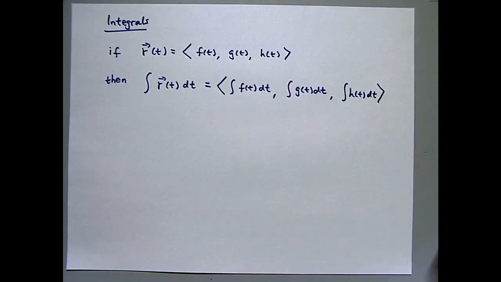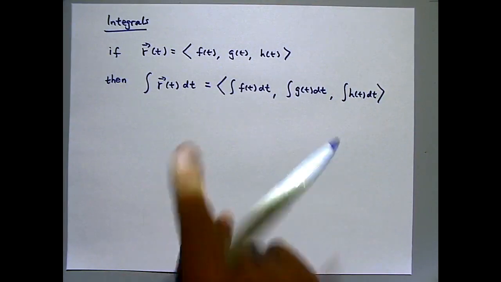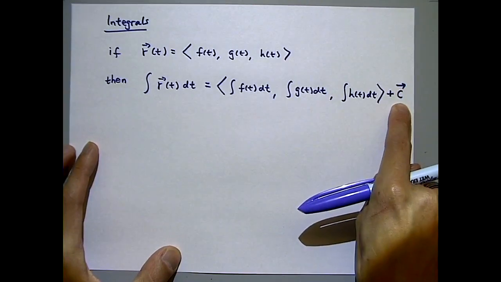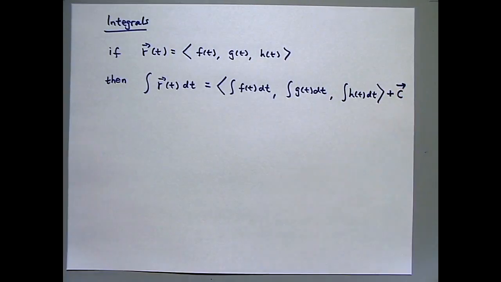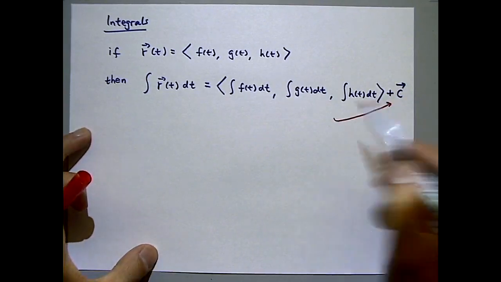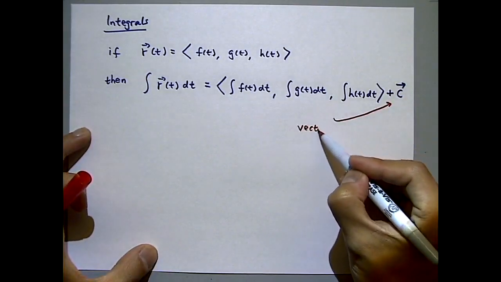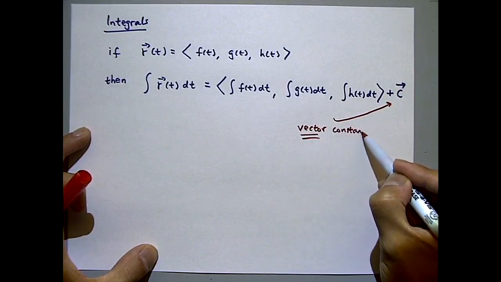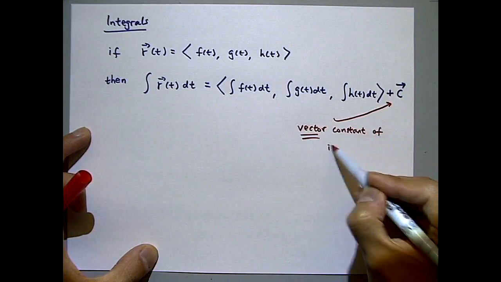But you remember, when you integrate a function, you always end up with a constant of integration. Same thing here. You will end up with a constant of integration. But that constant will be a vector. This is a vector constant of integration.